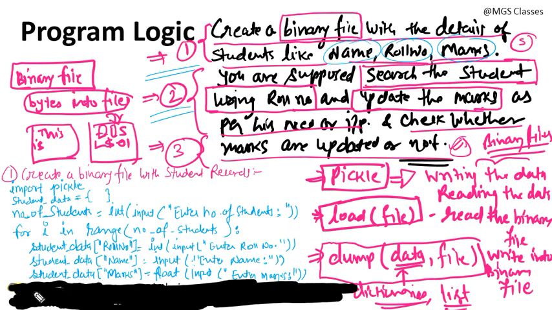I hope you understood. So now what you need to do, we need to insert this data into the file directly using pickle. So for that purpose you need to open the file first. So one more thing you need to write here. Okay, what you need to write here: file equals open, the open method, and then you pass the file path.